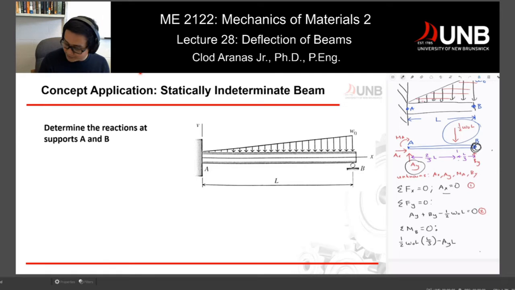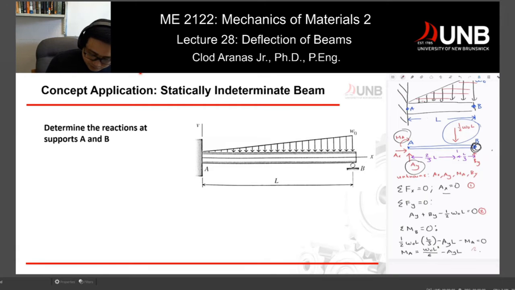The other one is counterclockwise, it's positive. And I have a moment, M sub A, which I assume to be clockwise, which I can write as negative M sub A, and that's equal to 0. Now I can write it in such a way that M sub A is equal to something. In this particular case, M sub A is equal to W naught L squared over 6, making sure it's correct, minus A sub y L. So now I can call this one equation number 3.